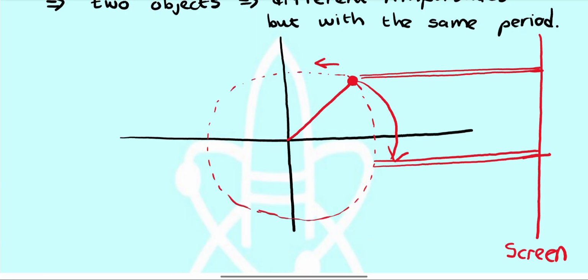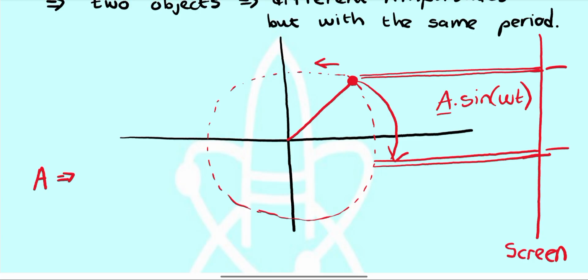Okay, so this distance from here to here will be represented by the equation A sine of omega t. You already know that A represents the amplitude and omega represents the angular frequency.